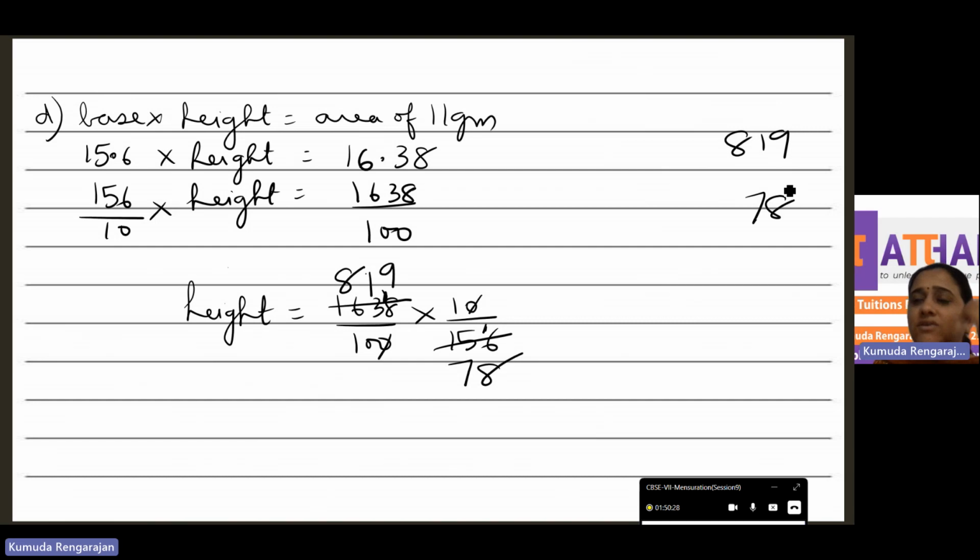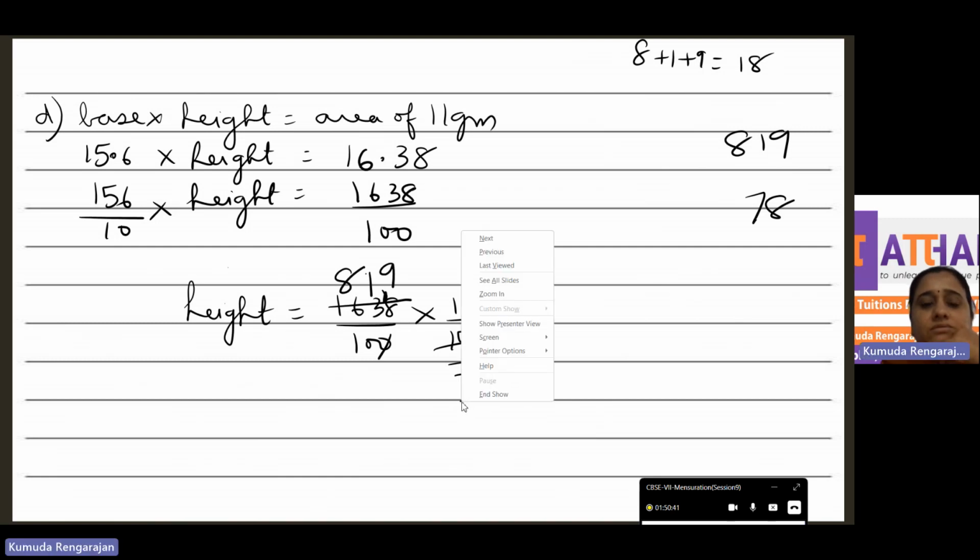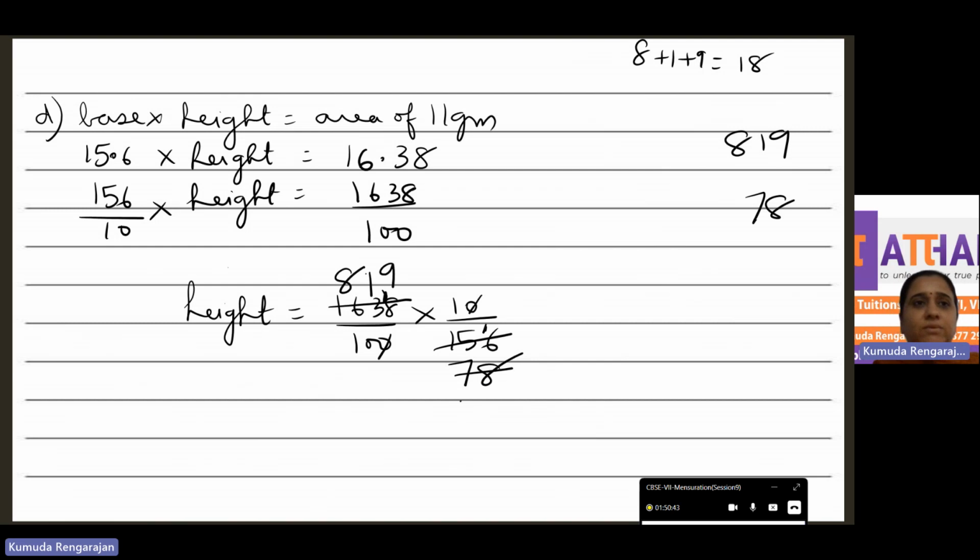Yeah, 819 is divisible by 3 because 8 plus 1 plus 9 is equal to 18. Correct? Yeah, so now 3. 3 how many times? Yeah, both are divisible. You should divide both the numbers by the same number. 26. Correct.